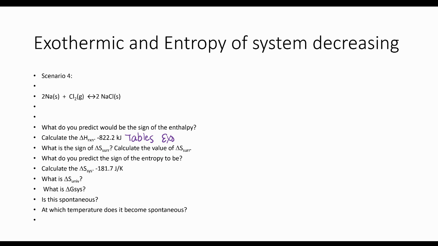So what would it mean for delta S of the surroundings? The entropy of the surroundings would be the negative of that. We expect when the surroundings gains all that heat, its entropy for sure is going to go up.